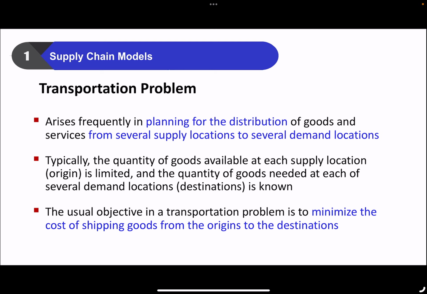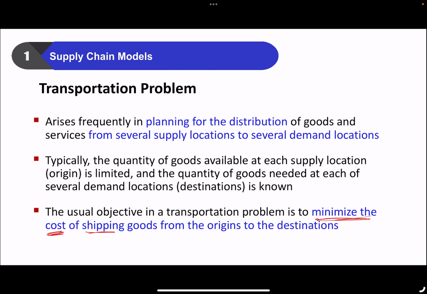So the usual objective in a transportation problem is to minimize the cost of shipping goods from the origins to the destinations.